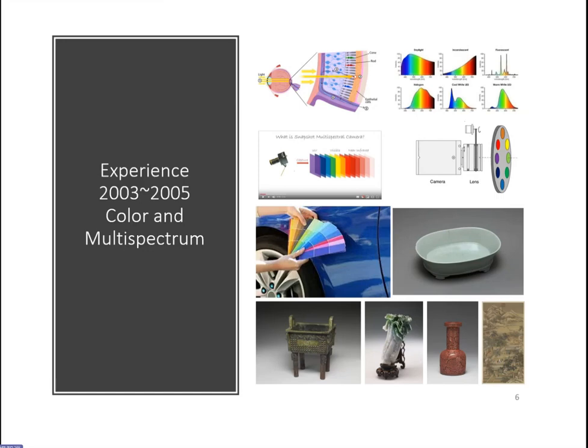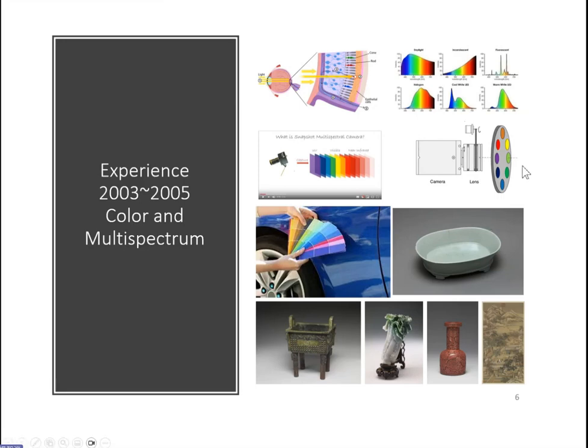But if you want very accurate color of a car, or if you want to reproduce some treasures, then you need a very, very accurate description of the color. So 3 channels of color are not sufficient.